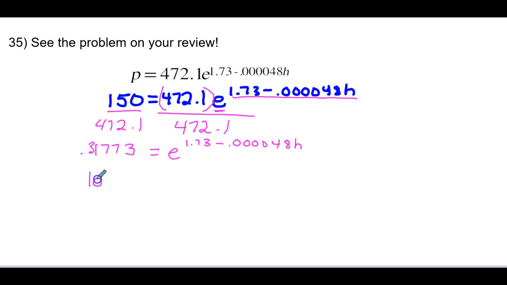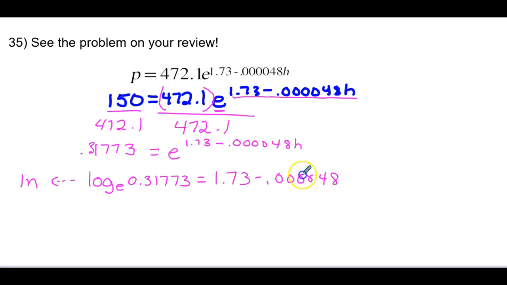Since the base of the exponent is e, this is log base e. I could have written ln there, but I was writing log base e because I thought it might make it easier on you. Of 0.31773 equals my exponent of 1.73 minus 0.000048 h.